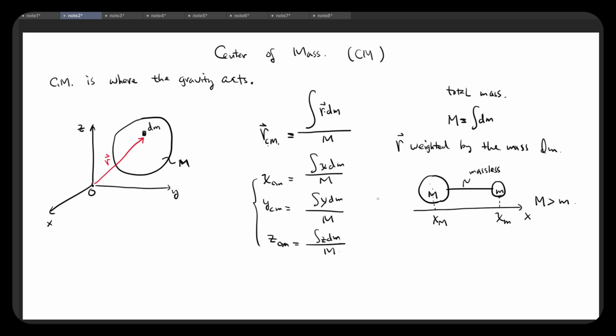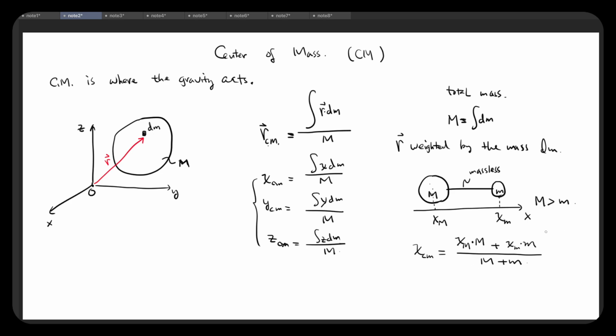According to the definition here, x center of mass equals the position of big M weighted by big M, plus the position of little m times little m, divided by big M plus little m.